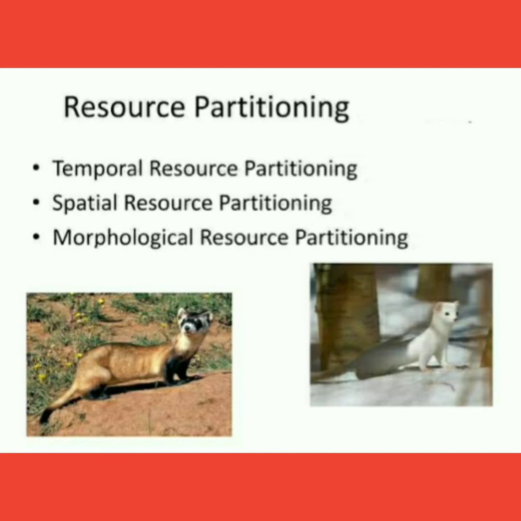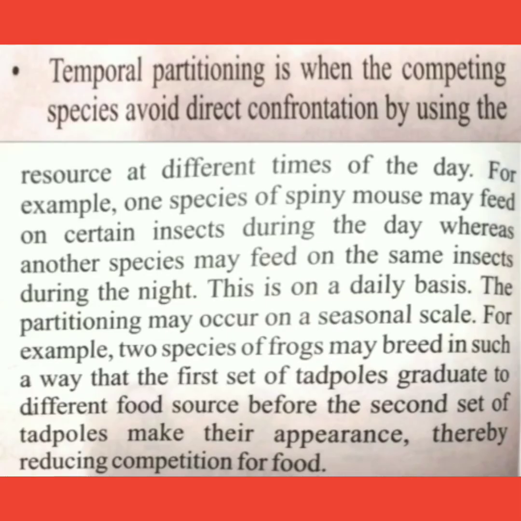Let's read about it in detail. First one is temporal partitioning. Temporal partitioning is when the competing species avoid direct confrontation by using the resource at different times of the day.